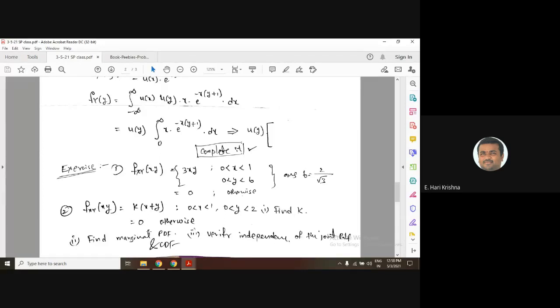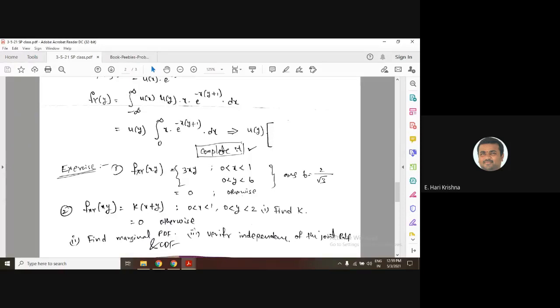Second question, f_xy of x, y is equal to k into (x plus y). See, in the previous two problems, x and y are multiplied, either in exponential form, that is e power x into e power y is equal to e power x plus y. But here it is k into (x plus y).